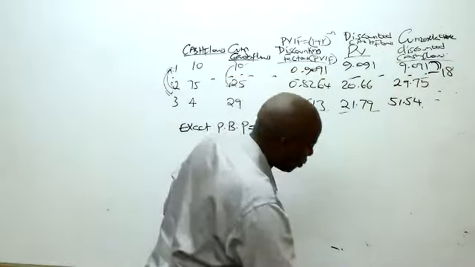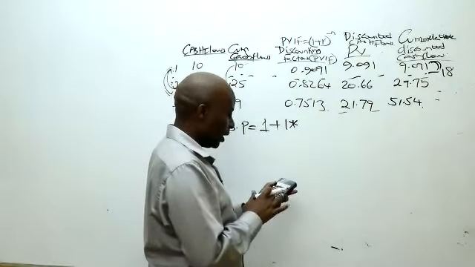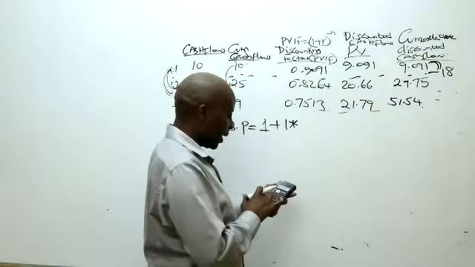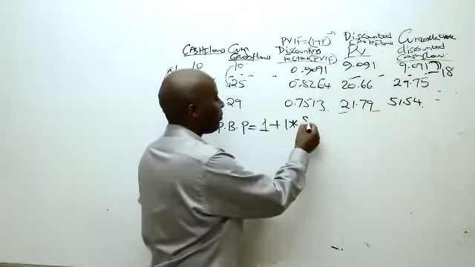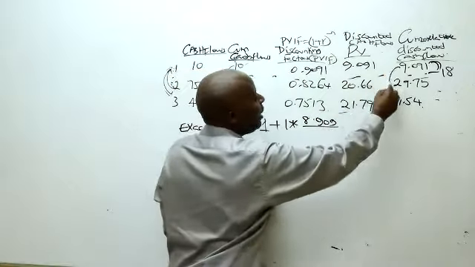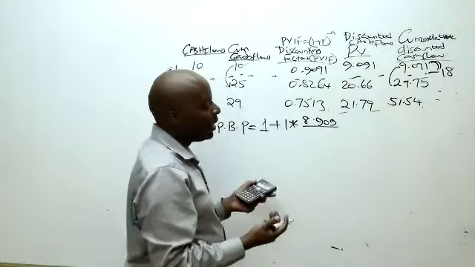So we have 18 minus 9.091, which gives us 8.909. Divide this by the base arc, the bigger arc.